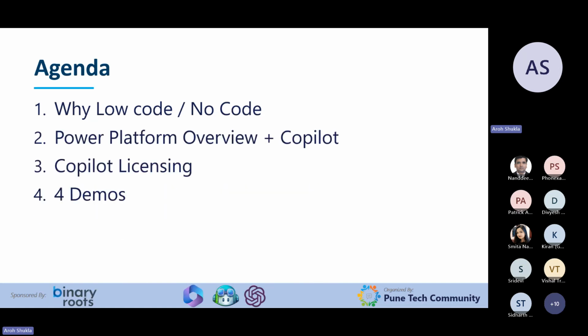We talk about the overview. We also talk about the licensing. I had a session last week for Microsoft customers, and many people asked about Power Platform licensing and Copilot licensing. I didn't add this before, but I'm going to add it to this slide deck so that you at least have an idea about how the price model will be.